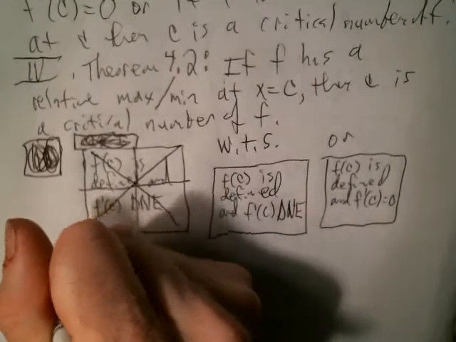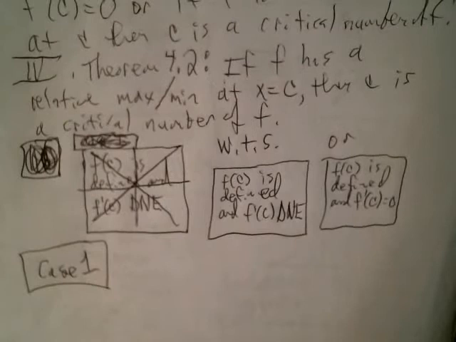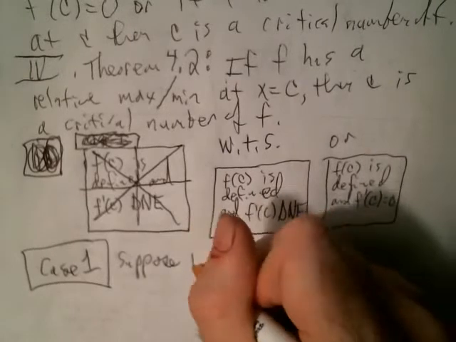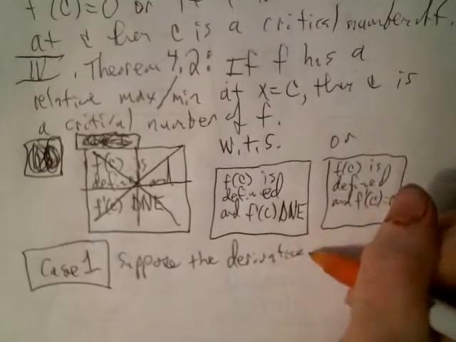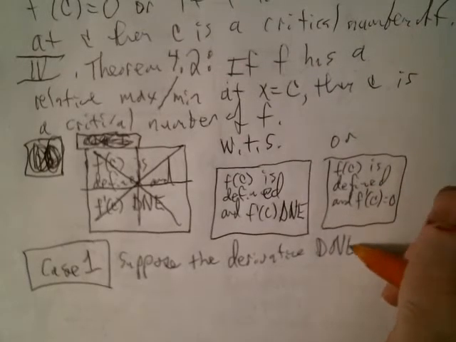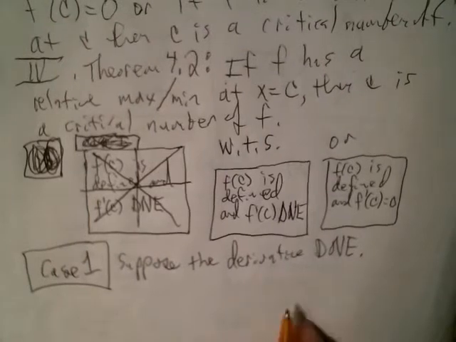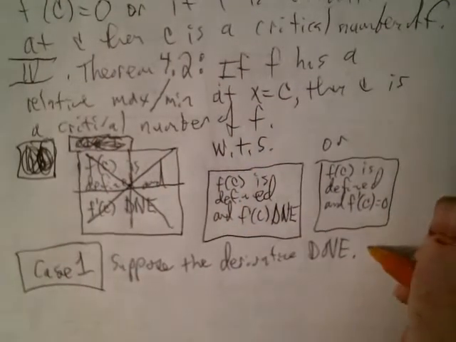There's two cases. Okay? So case one, either this thing exists or it does not exist. And what thing is that? The derivative. Okay, so that's how we kind of start. We suppose the derivative does not exist at this particular point, x equals c. So we're supposing also that f has a relative max or min at c.